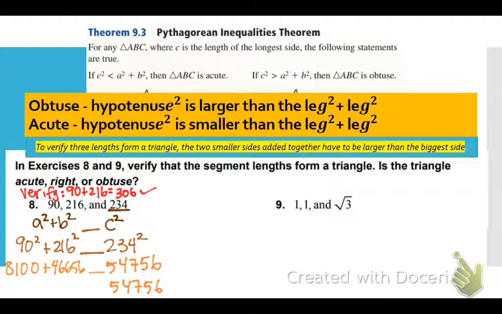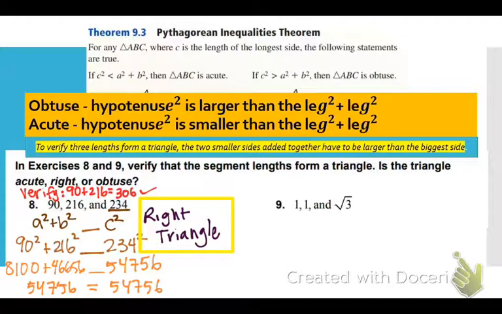What is 8100 plus 46,656? 54,756. So they're equal. So this is a right triangle. Are we okay with this?